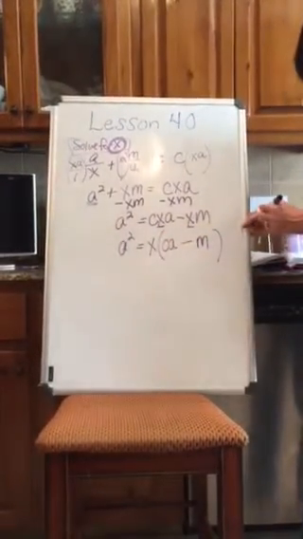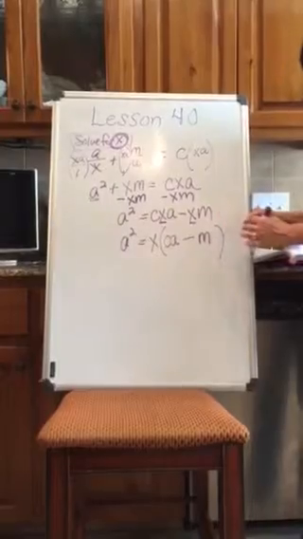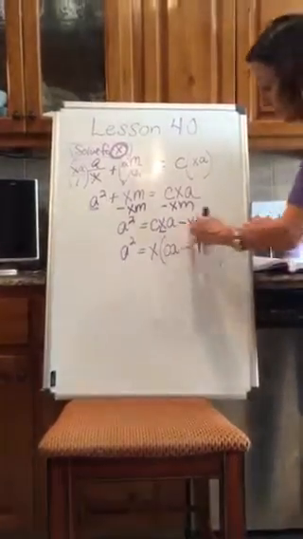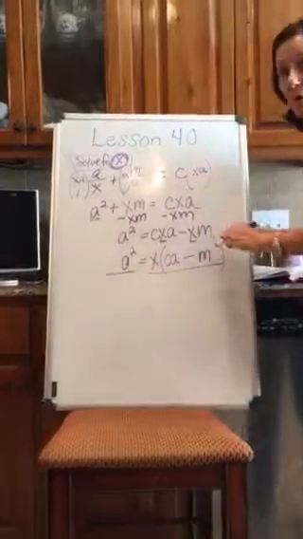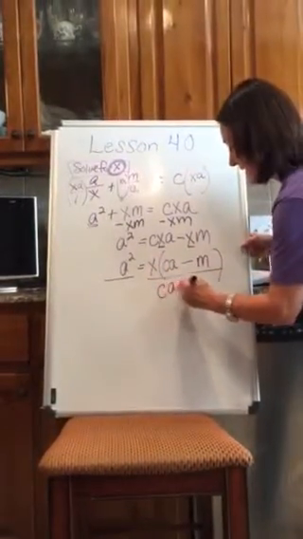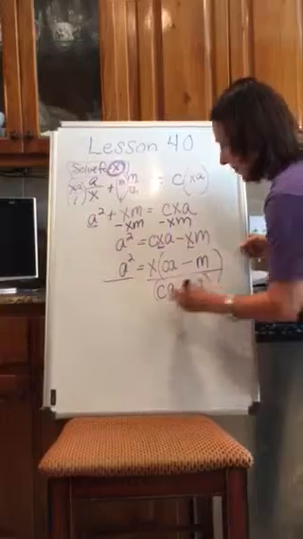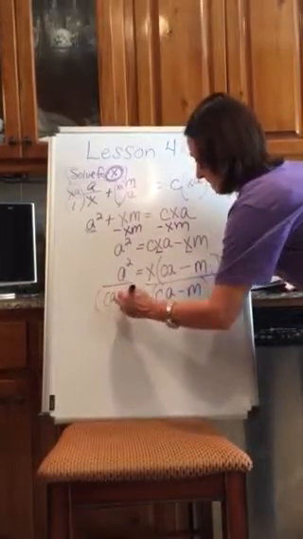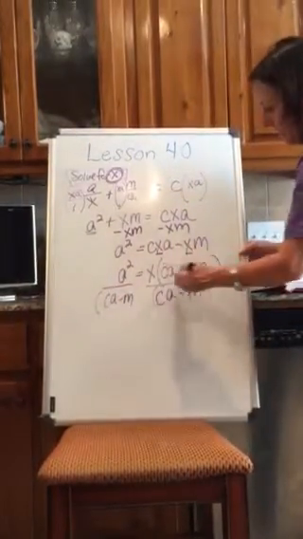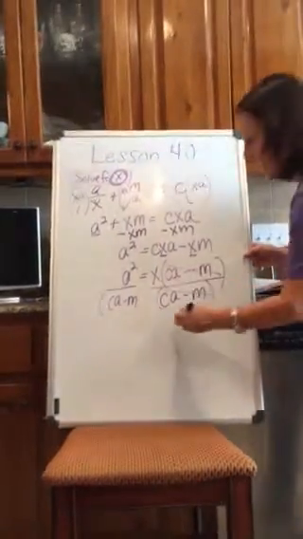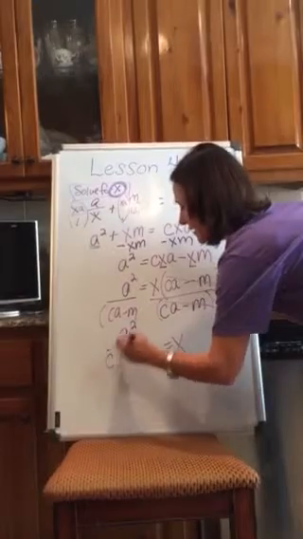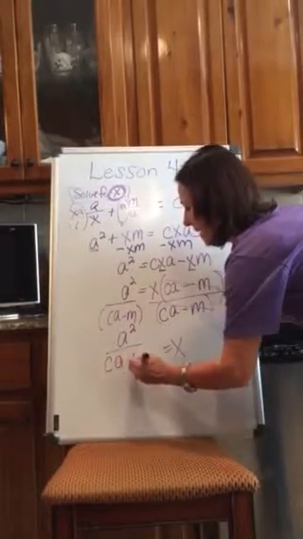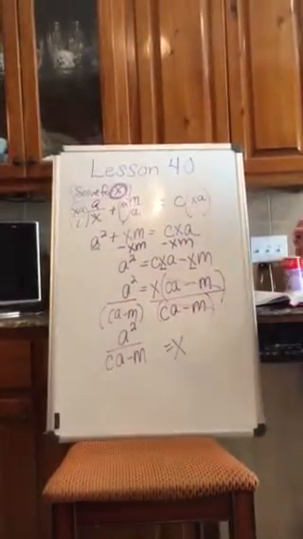Now I've got x isolated. It's multiplied by something. I can move this term to the other side through division only because it is multiplied. Divide by ca minus m. These cancel out, and I have x equals a squared over ca minus m.